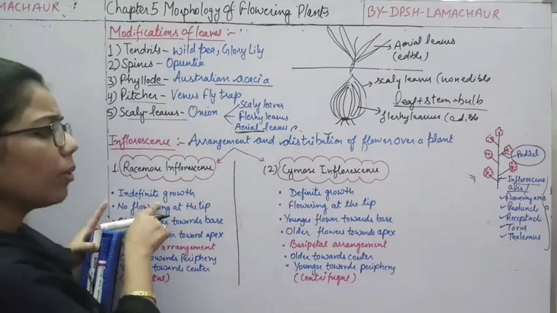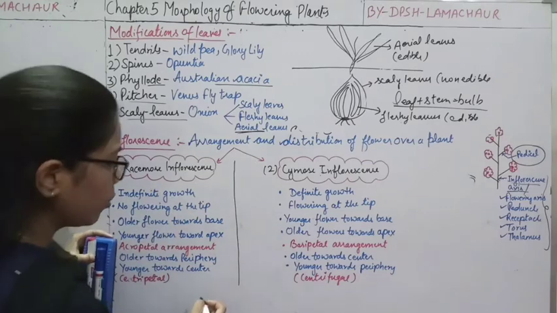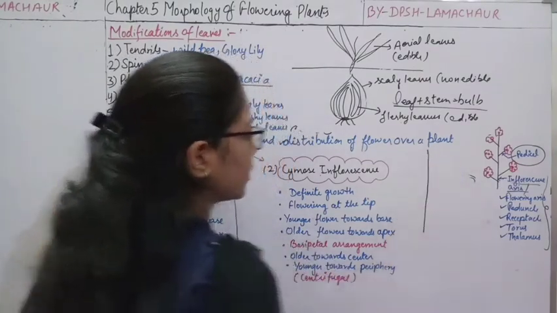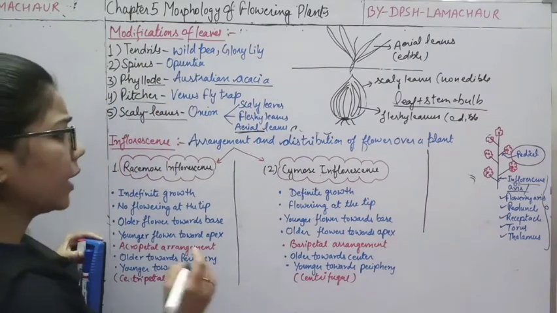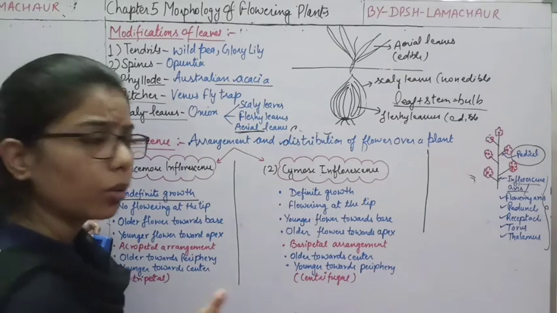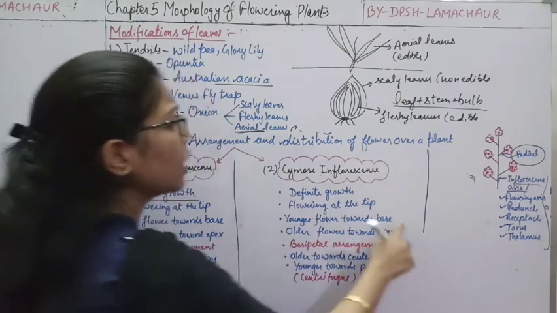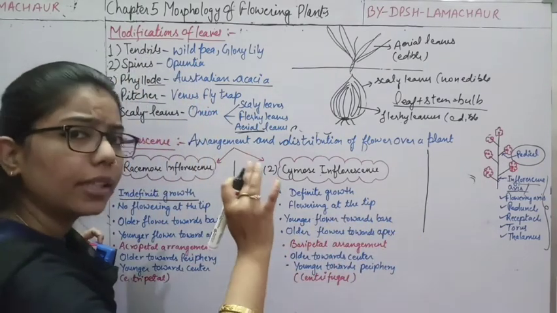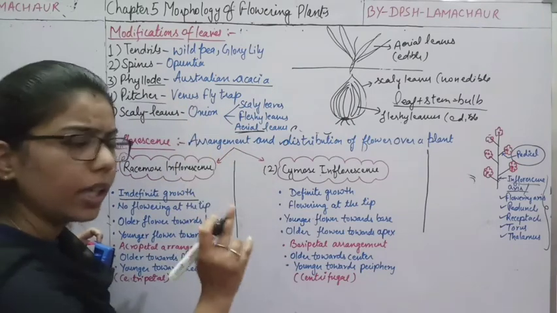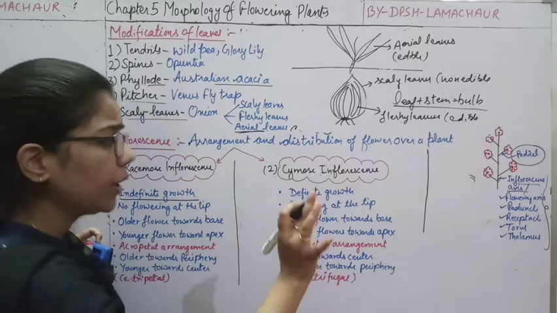Here if we talk about the racemose, I am drawing another one. This one is a racemose. Now how will the flowers be arranged here? The first thing which I have written is indefinite growth. In case of racemose, the growth will be indefinite, meaning they can grow up to unlimited height.